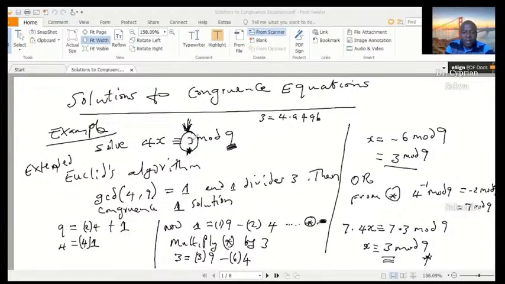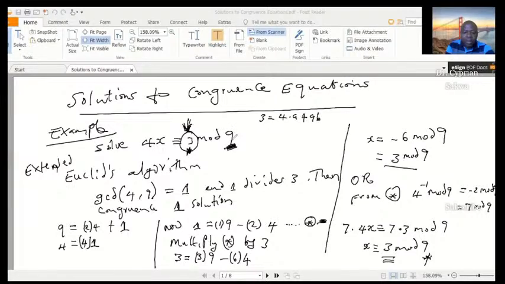Now to use Fermat's Euclid theorem, remember that what I want is the inverse of this. To get the inverse using Fermat's Euclid theorem, I have to look at the moduli here.